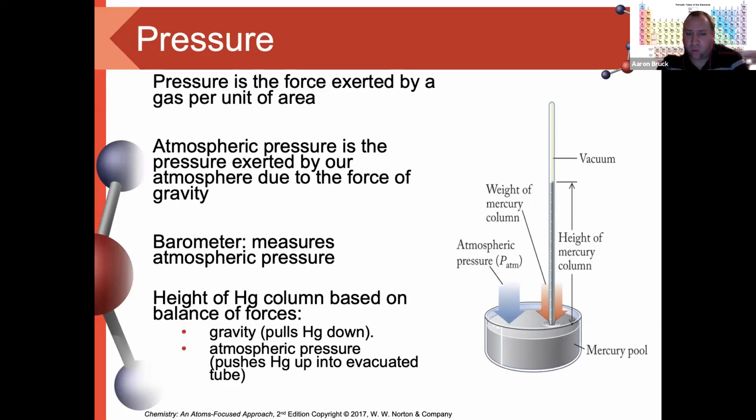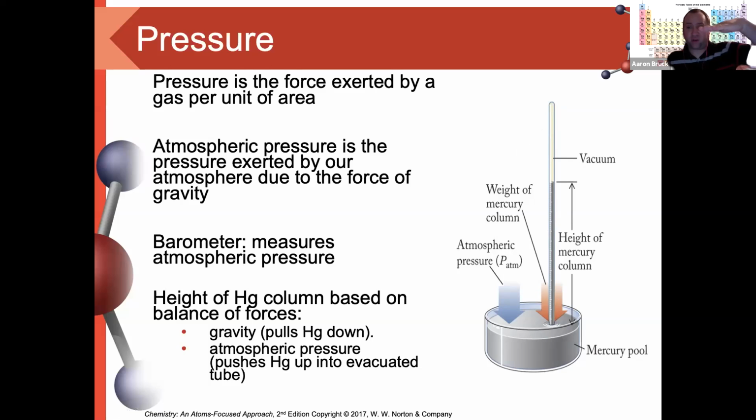But the way that it works is basically you've got two forces at play here. The column here is evacuated, so there's no gas pressure whatsoever in the top of this tube. The only thing that is pulling the mercury down is its own weight, its own gravity. So what you've got is an interplay of two competing forces.